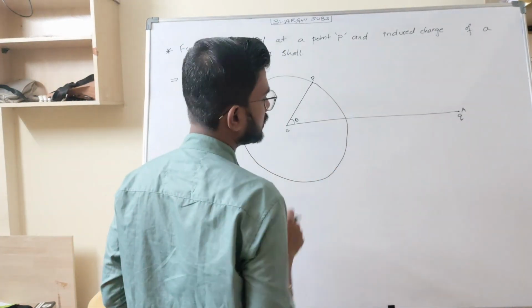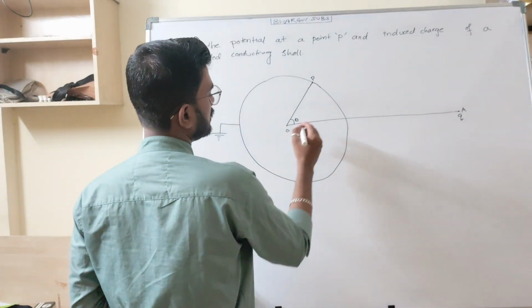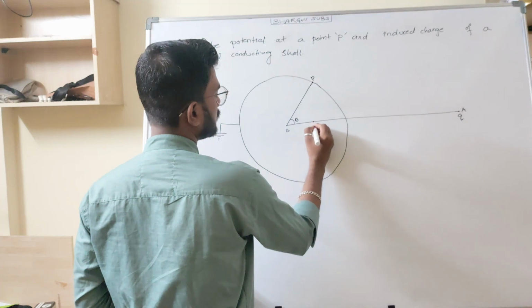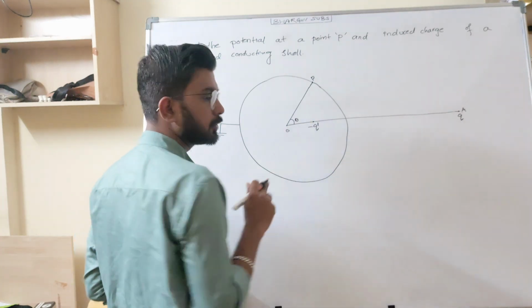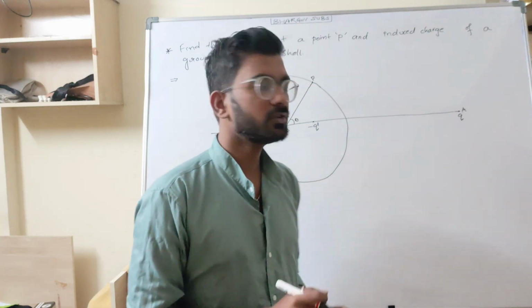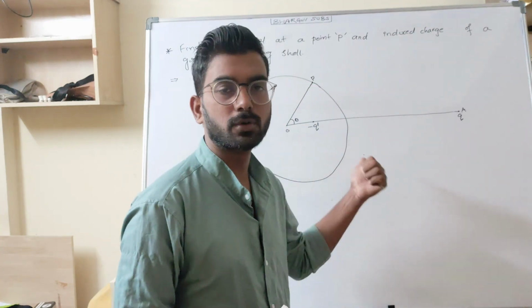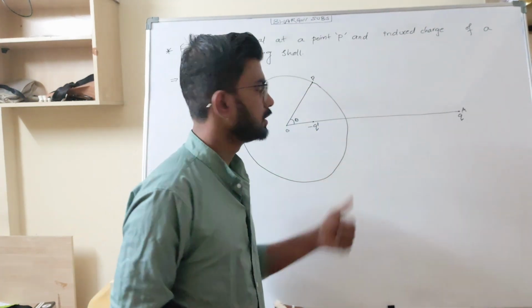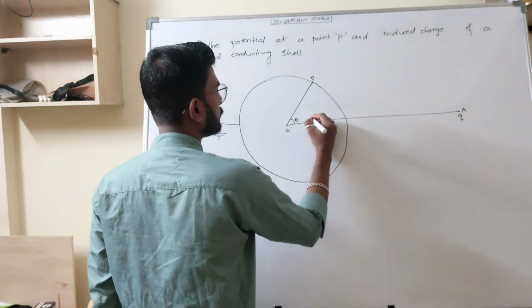Again, due to the charge present outside, a charge was induced inside the shell, which was minus Q dash. Why did I indicate Q dash? Because it was an unknown charge. The charge induced, we have to find that unknown charge Q dash. It has a negative sign. Let us consider this as point B.